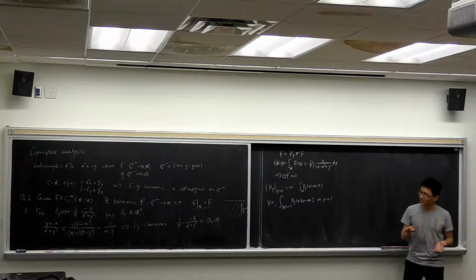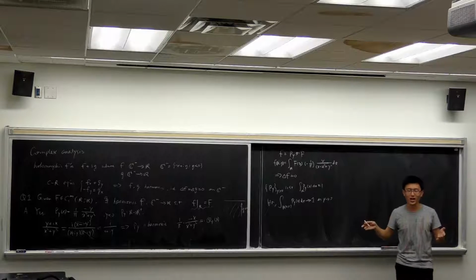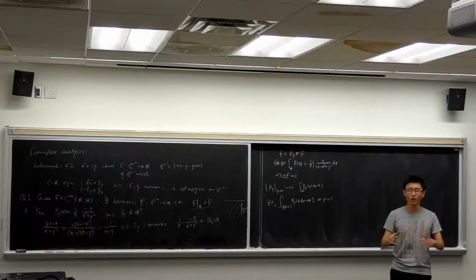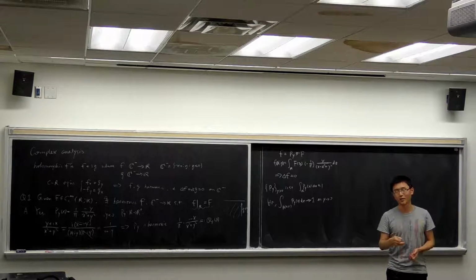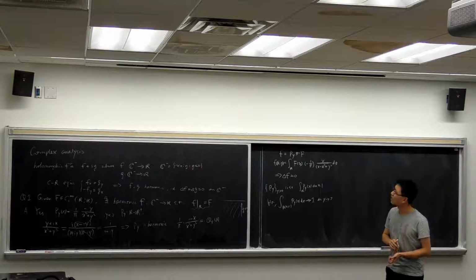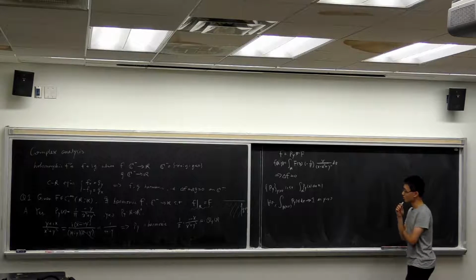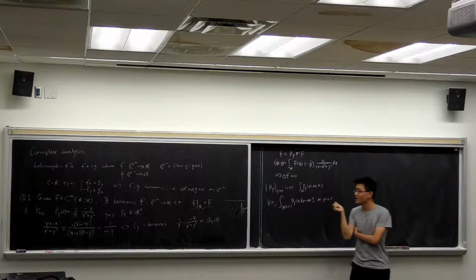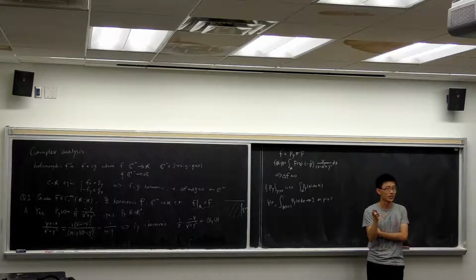It means the mass of P_y is concentrated more and more onto the origin. So P_y is actually a family of approximation identity.